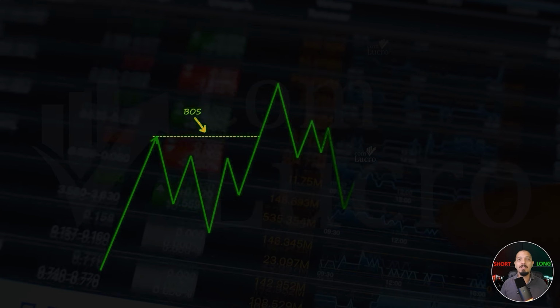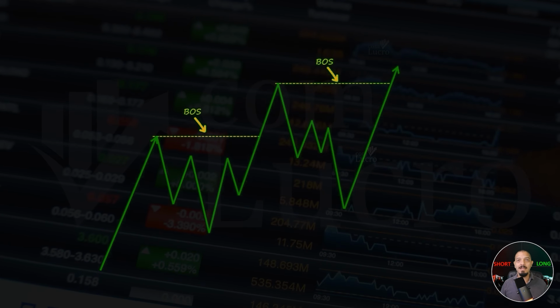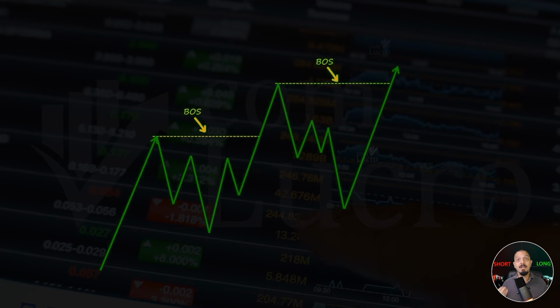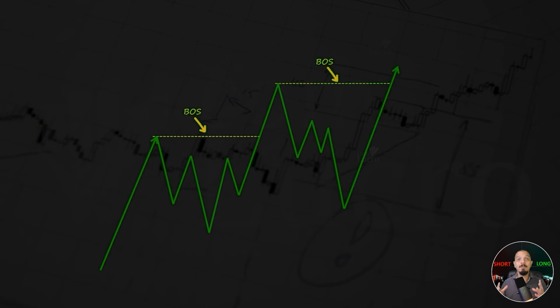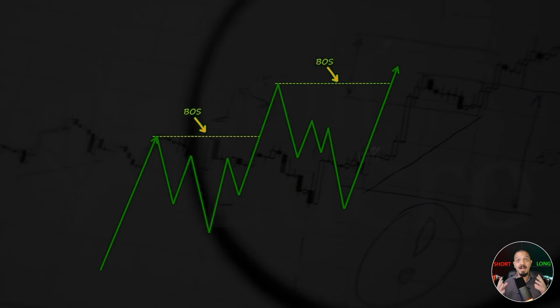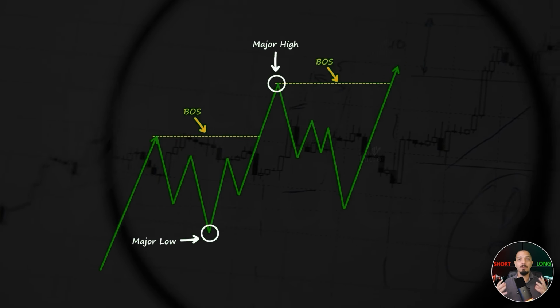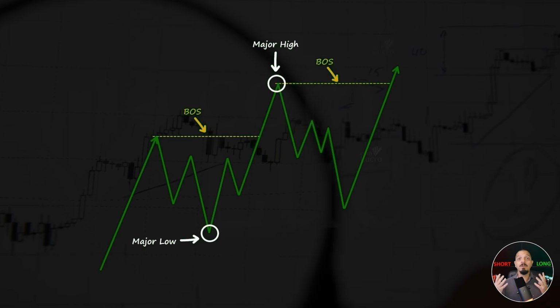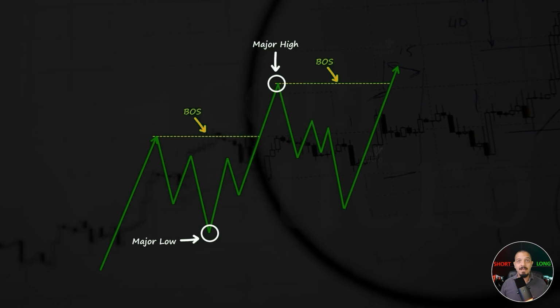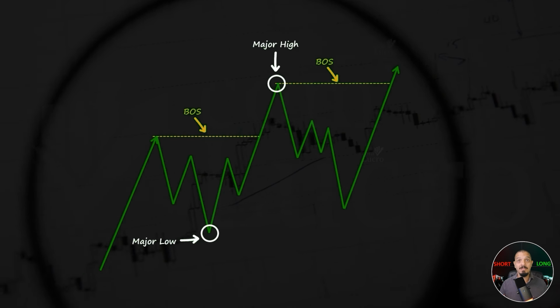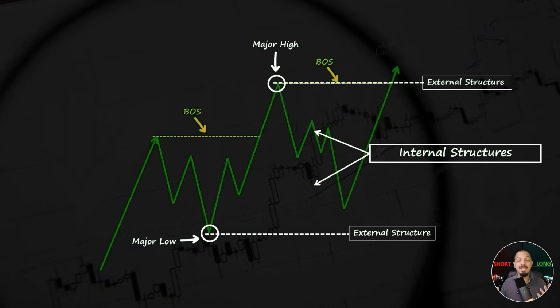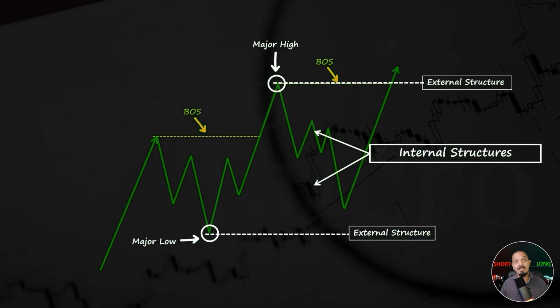Let's take the bullish scenario as an example. Imagine price forming a series of valid breaks of structure to the upside. The low and high linked to the first valid bullish BOS define our major structural boundaries. As mentioned earlier, any movement that develops within these two structures is considered internal price action.